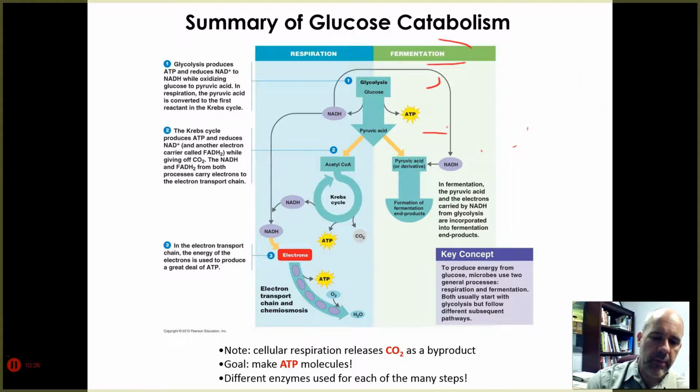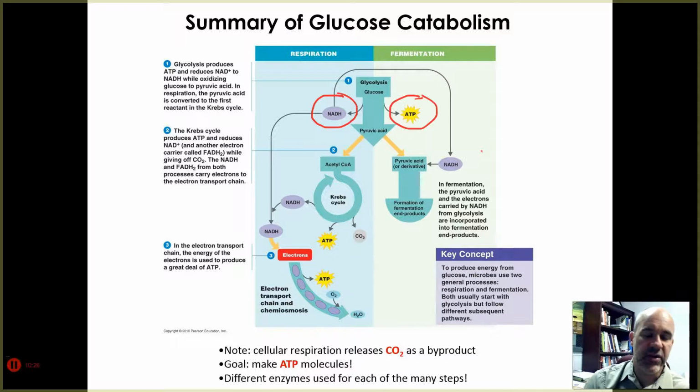All right, another thing I want to point out over here, and we're going to talk about glycolysis in a little bit more detail shortly. During glycolysis, notice we've got an ATP over here as an output, so we'll talk a little bit more about that. And notice on the diagram you've got some NADHs over here as outputs as well.